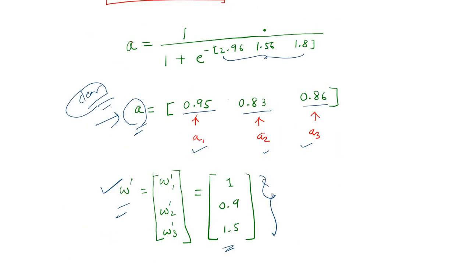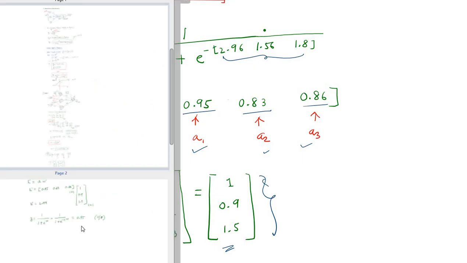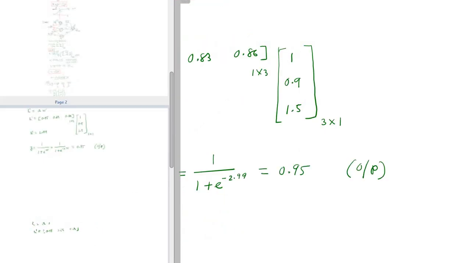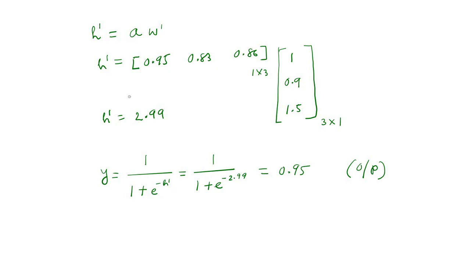Now what do we have to do? We have to do another multiplication. Let's come to the next slide. For this h dash, we have to multiply the activation values into the w dash values.